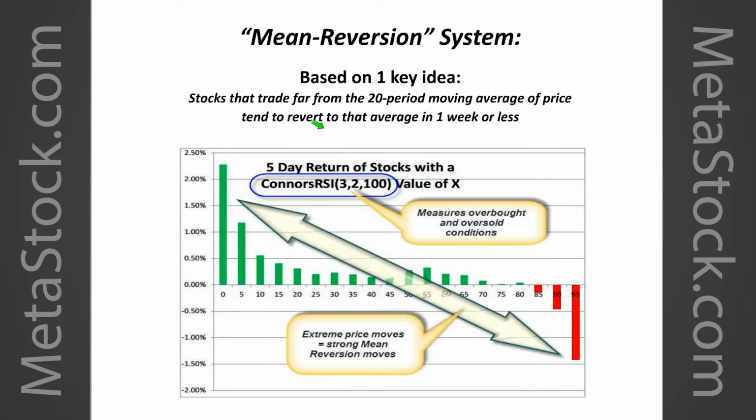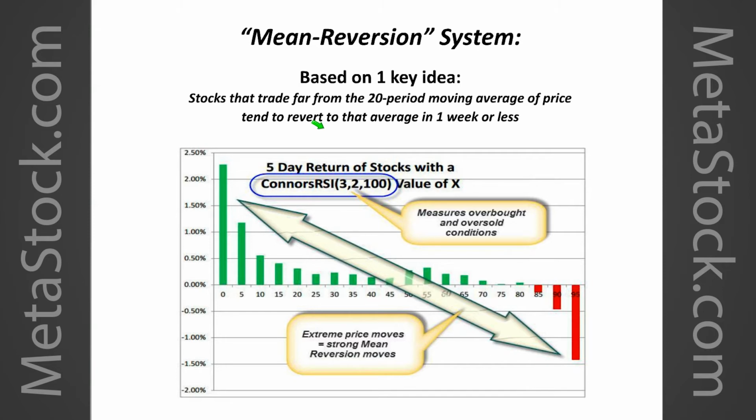I wanted to show you some very quick research that was done by a friend of mine named Larry Connors, who does a lot of work on price extremes, price movement extremes. He's developed a technical indicator based on not so much movement away from the 20-period moving average, but based on oversold and overbought conditions.